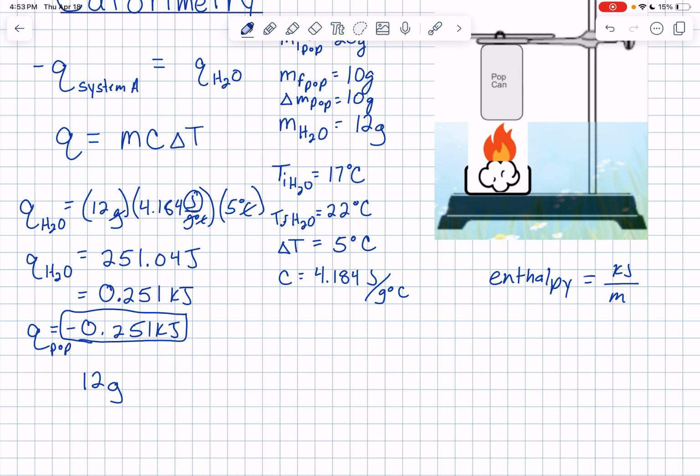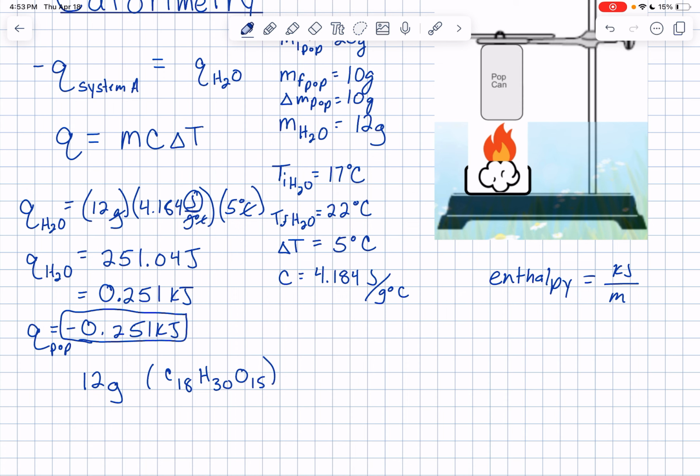And in the warm-up from the other day, I tell you that the formula for popcorn, it's mostly starch. And so the formula for popcorn is C18H30O15.